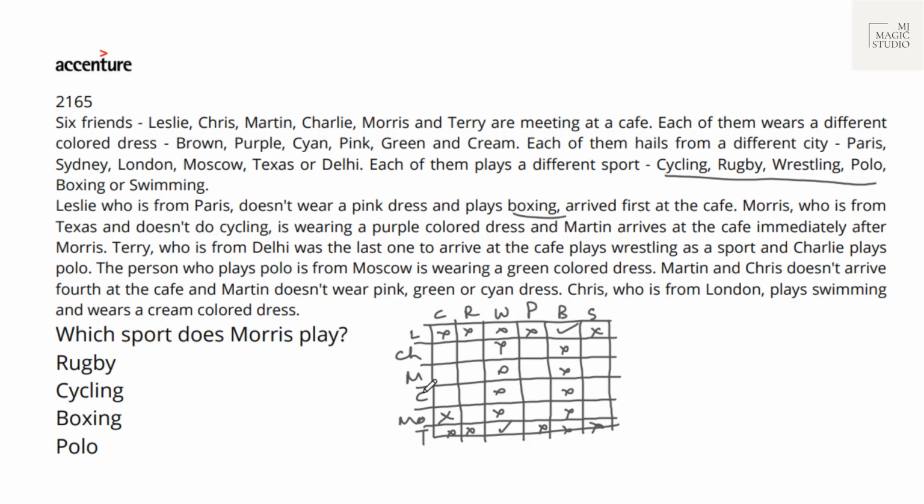Charlie plays polo. Then Chris plays swimming. Chris is the swimmer. Okay, we can see that this one is empty, and again this one is empty. Morris is playing rugby. Option A is the fit.